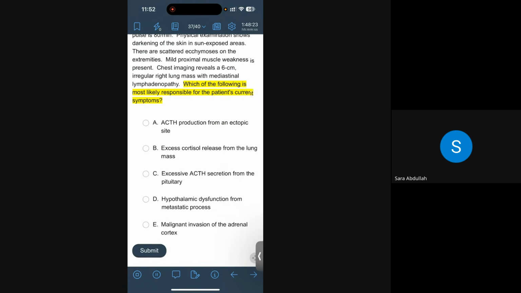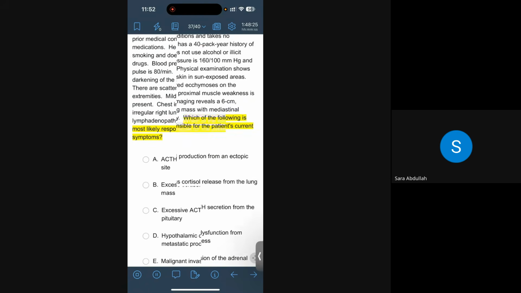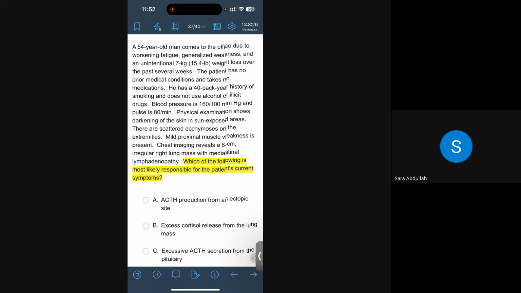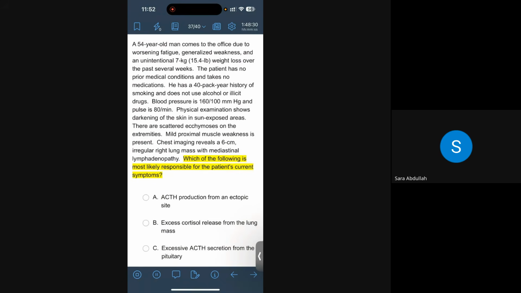See the options. Now read the question. Now see all the abnormal findings in this patient: worsening fatigue, generalized weakness, and weight loss.